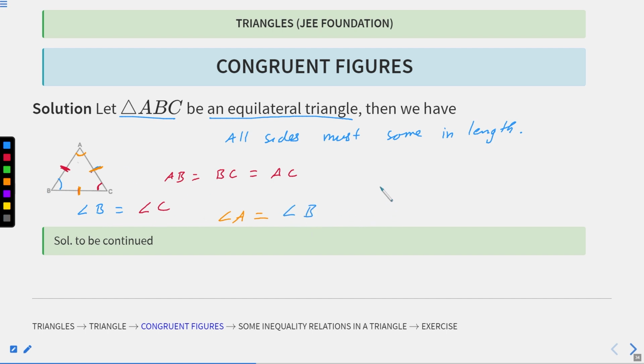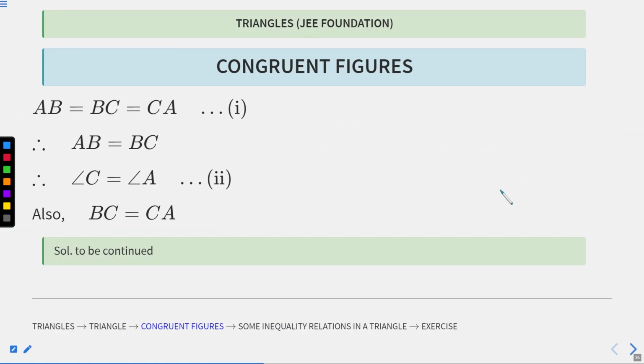And from this, angle A is equal to angle B, which is also equal to angle C. I hope this is all clear. We just used the previous theorem.